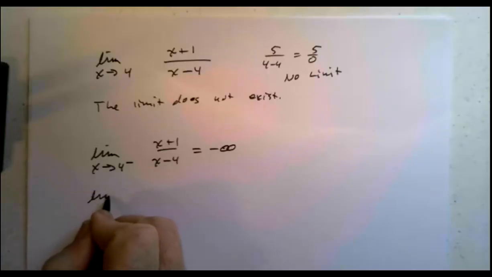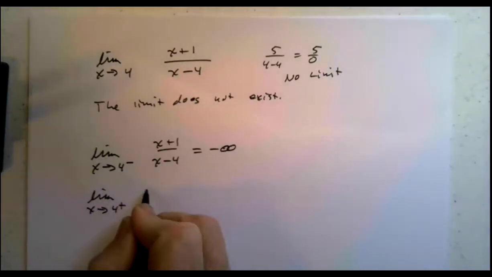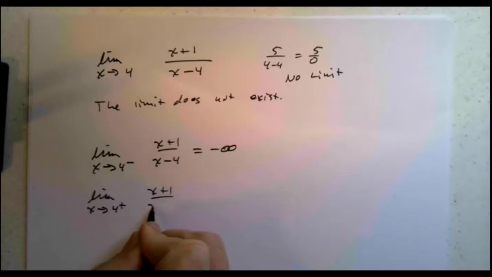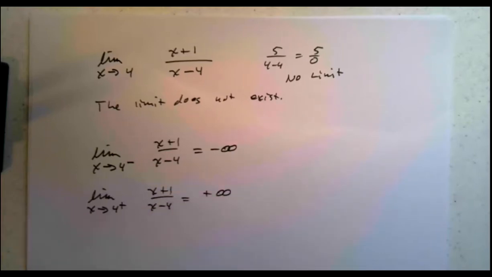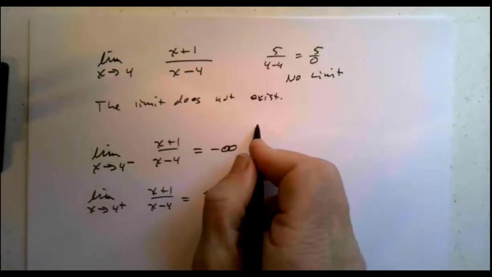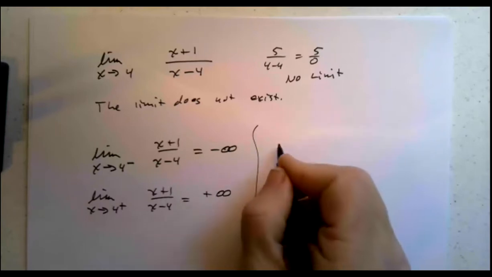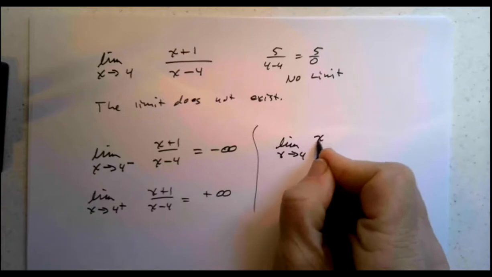I'm going to say the limit as x approaches 4 from the right of x plus 1 over x minus 4 equals positive infinity. Well, either way, if you get infinite on either one of these, that limit does not exist, right? So the limit as x approaches 4 of that certainly does not exist.